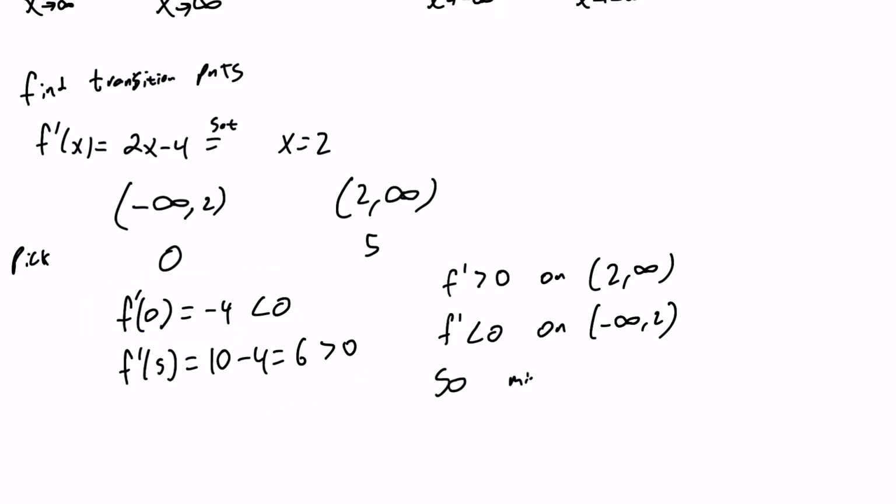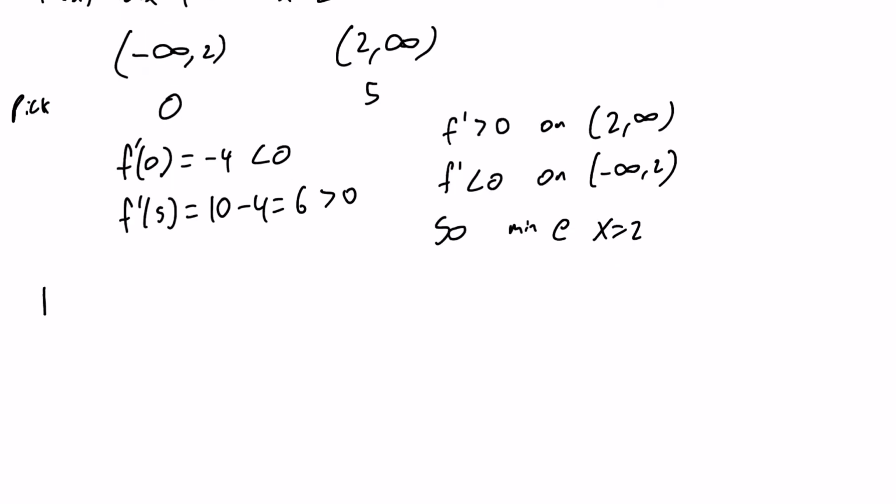So minimum at x equals 2. We plug x equals 2 into the original function because we want the xy coordinate pair for our local minimum.